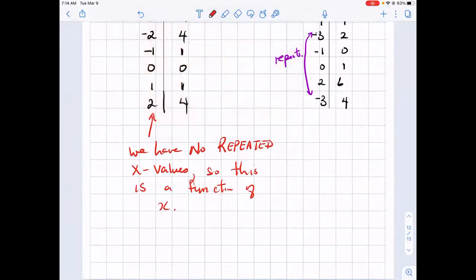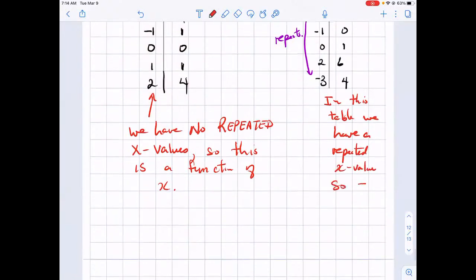So in this table, we have a repeated x value. So this is not a function of x.